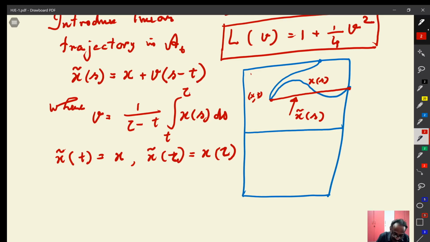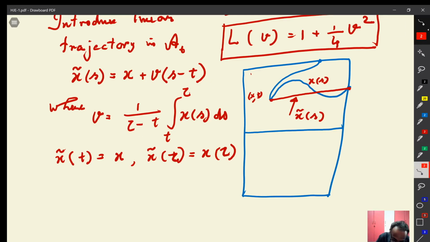That's how you have taken v in this way, because in x tilde at tau, tau minus t and tau minus t cancel, and you will get the same value.